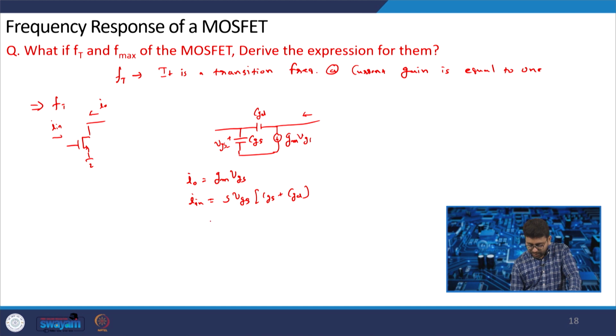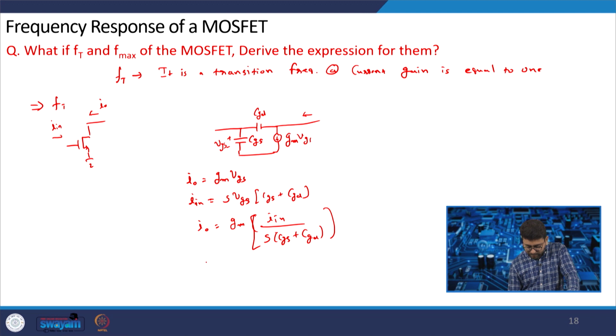If you try to keep this VGS value, then you will get I out equal to GM into I in divided by S CGS plus CGD.